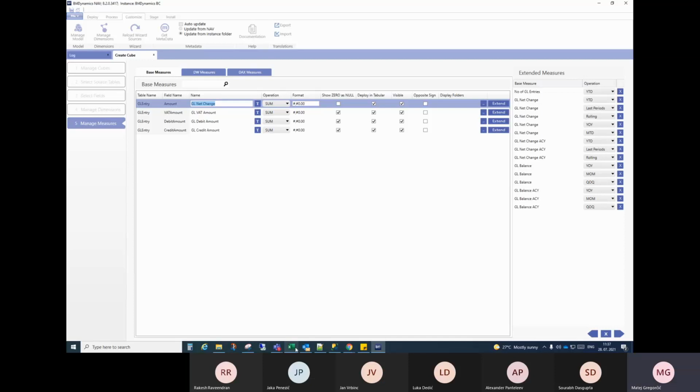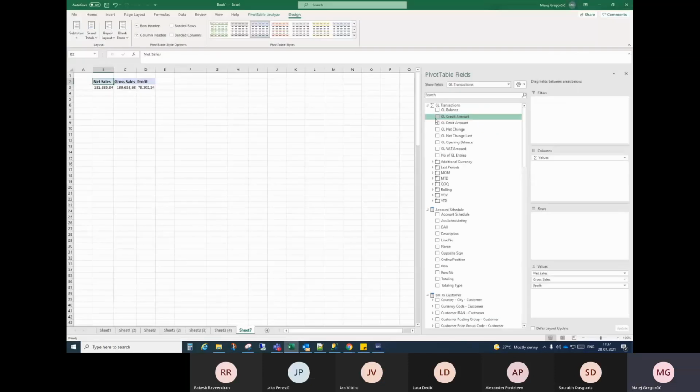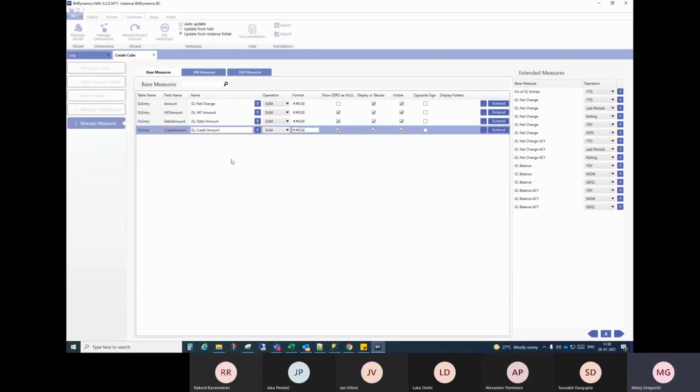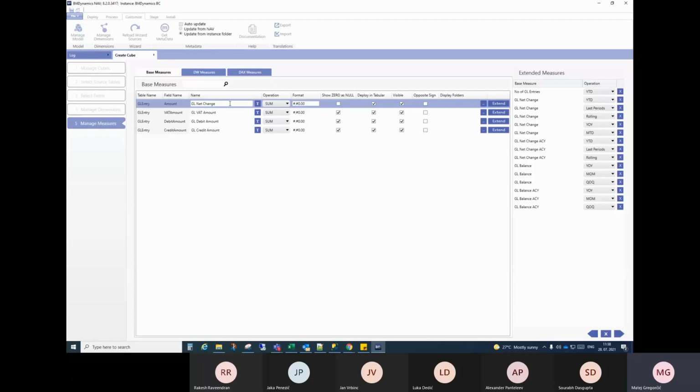Okay, and if we look at the reports, you will see here GL net change. You will also see GL VAT amount, GL credit amount, and GL debit amount. Those are all base measures. So those four. So no transformation here. We take a field, we put it in the project, and that's it. So this is called a base measure. We have some other options here, but we'll go through that later.